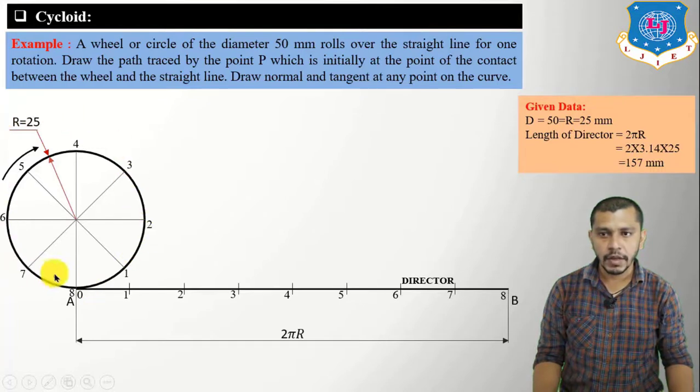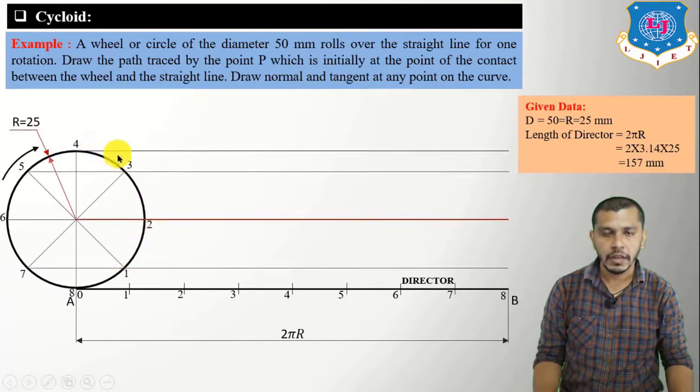After giving the numbering on the circle, now draw lines parallel to line AB, or parallel to the director, from 1, 2, 3, 4. The lines from 1, 2, 3 will also pass from 5, 6 and 7.